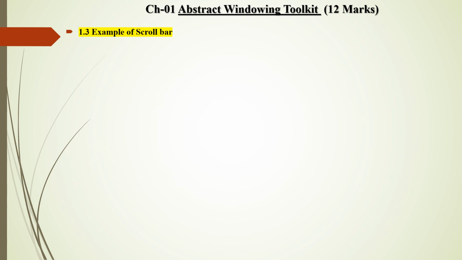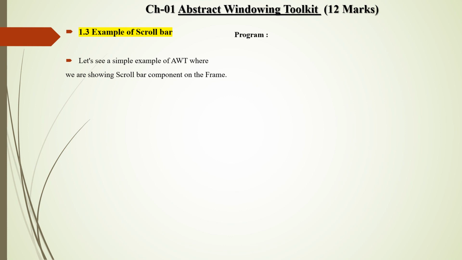Next we see an example of scroll bar. Let us see a simple example of AWT where we are showing a scroll bar component on a frame. So simple, we create one frame and inside the frame we create one scroll bar component. So code for the example is, first we import the java.awt package.